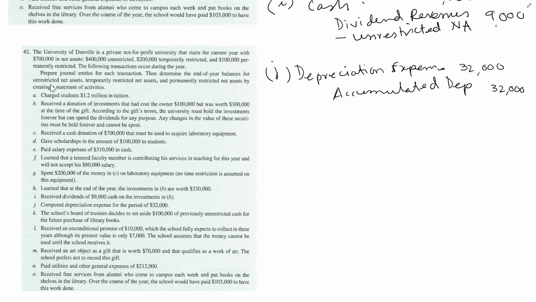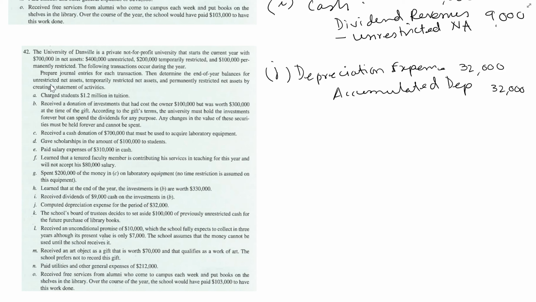But remember, this is not a restriction from any donor. This is basically internal board designated funds, and this is a decision by the board, which is kind of the university's internal thing. That's why we cannot call it creation of any temporarily restricted portions.